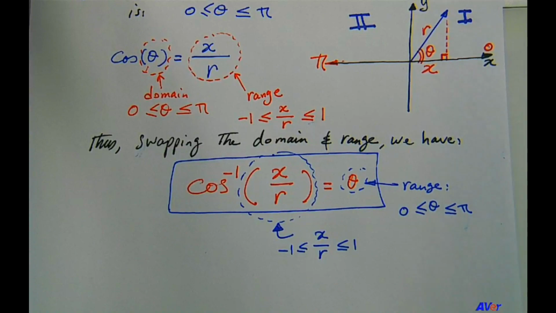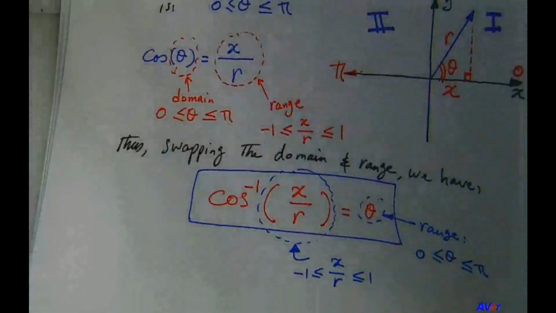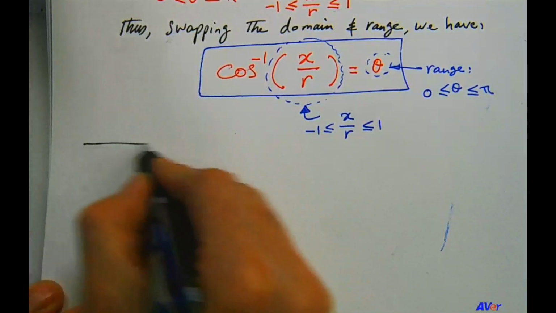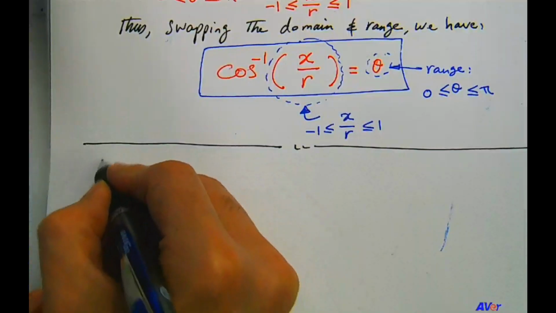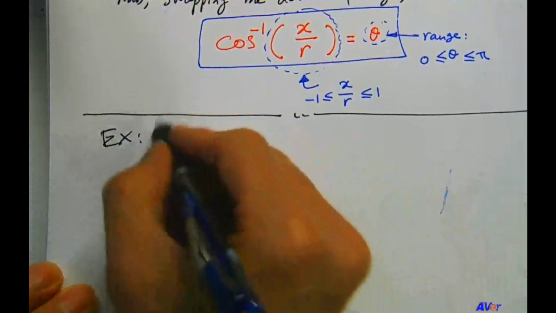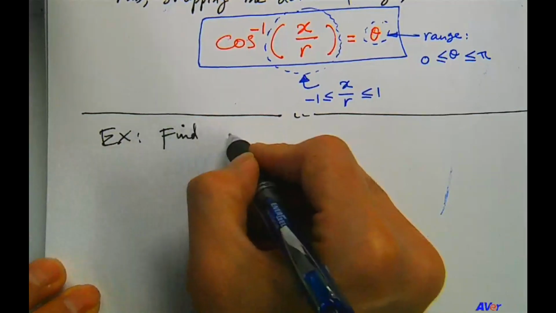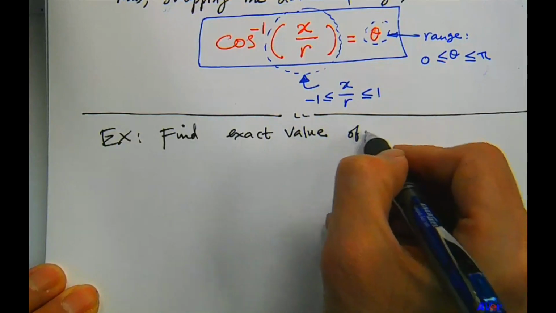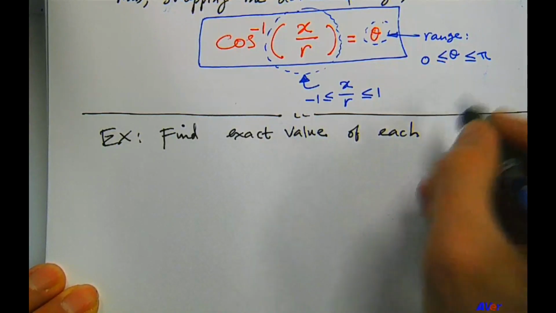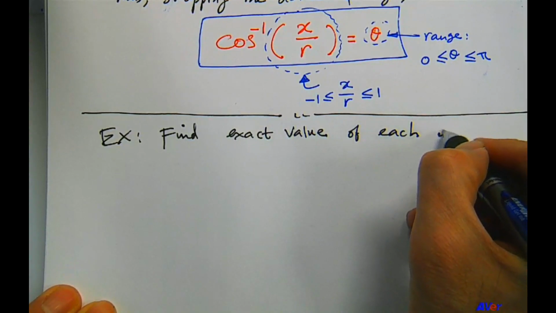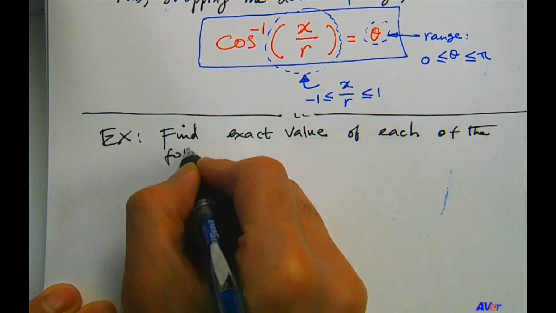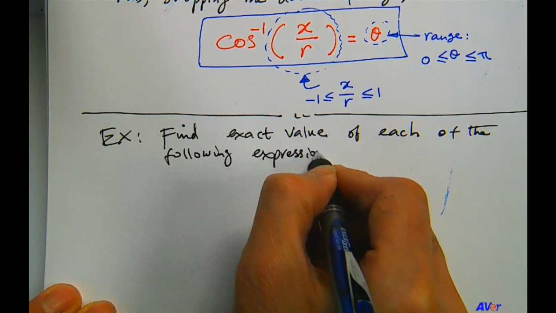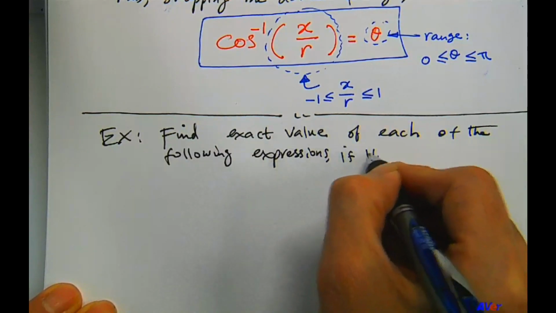Yep, so let's look at an example or a couple of examples on this. So we want to find the exact value of each of the following expressions if it's defined.